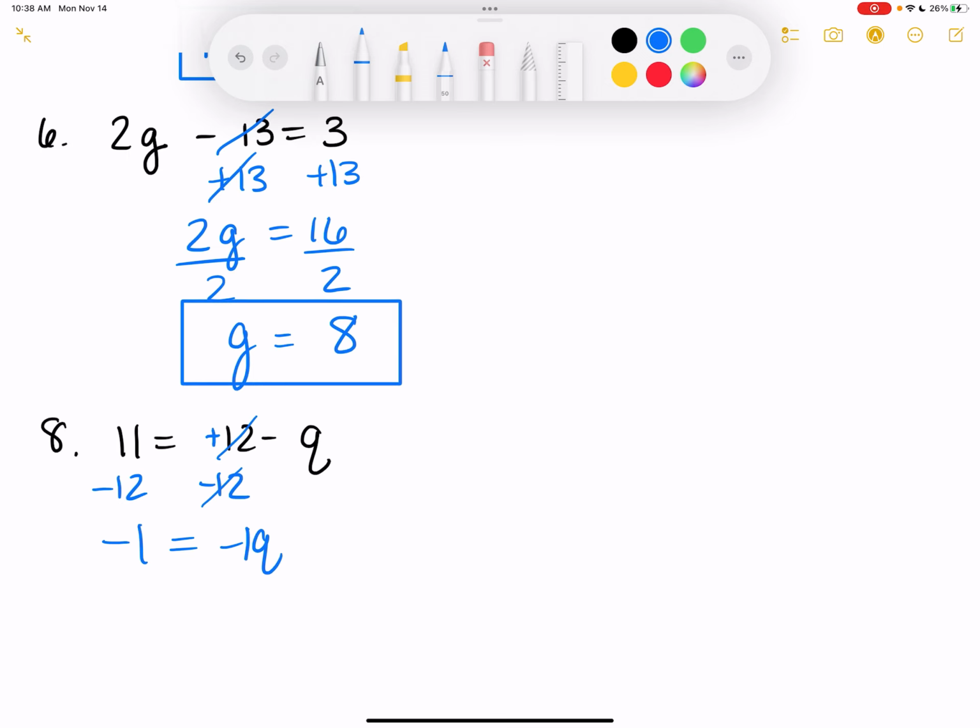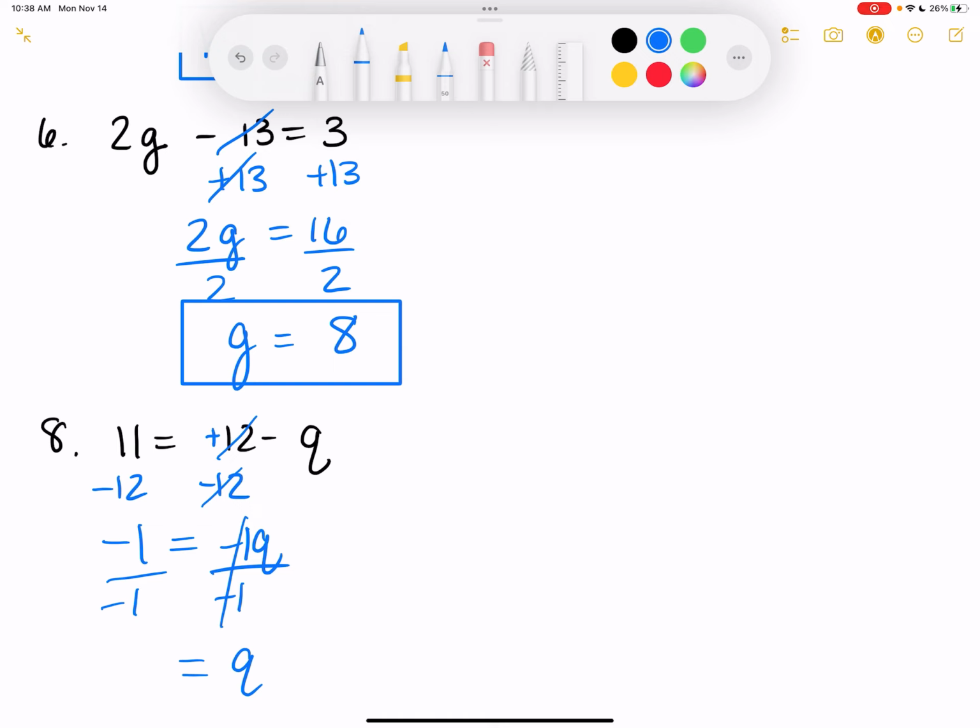So now what do I do? Divide by negative 1 on both sides. On the right it goes away and leaves you with Q. Then that's gonna be positive 1. Yep.